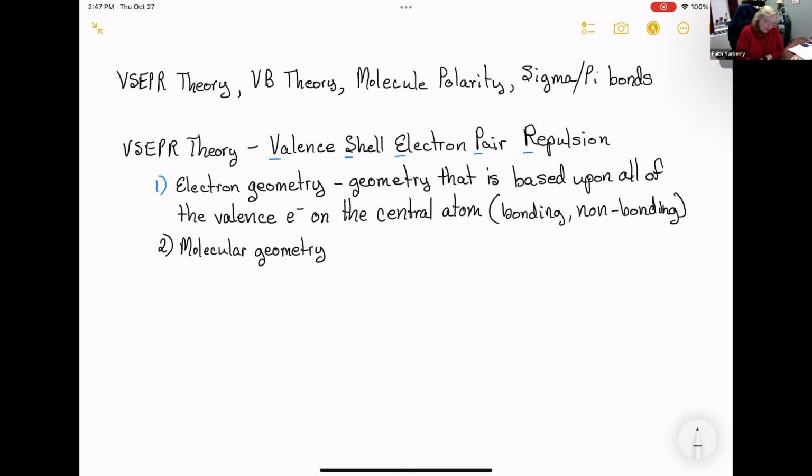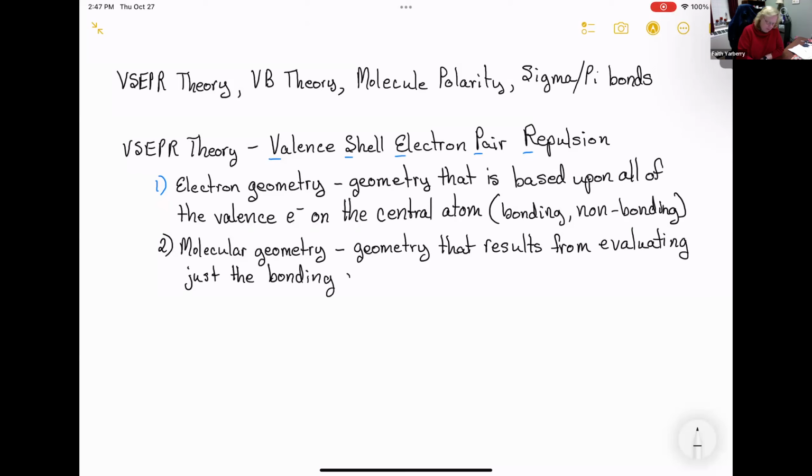The molecular geometry is the geometry that results from evaluating just the bonding pairs or bonding groups within the electron geometry.